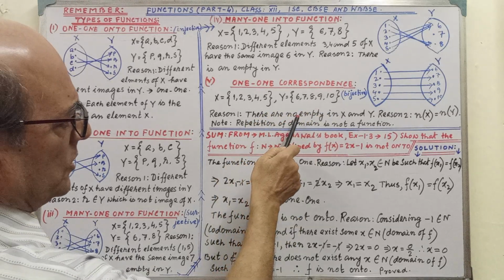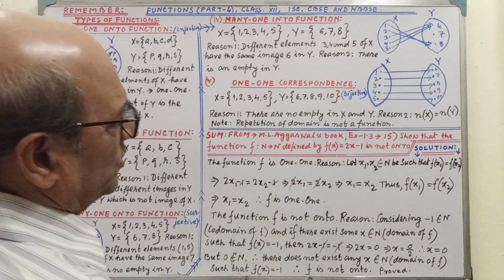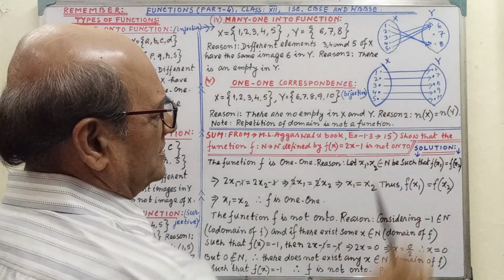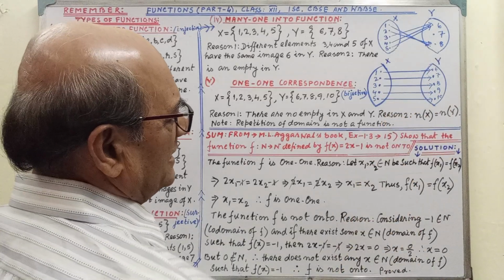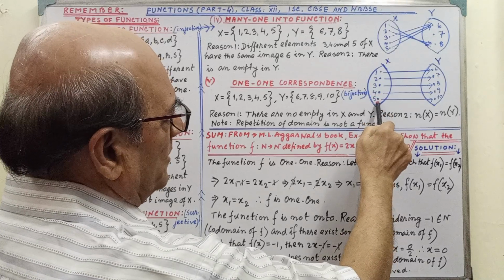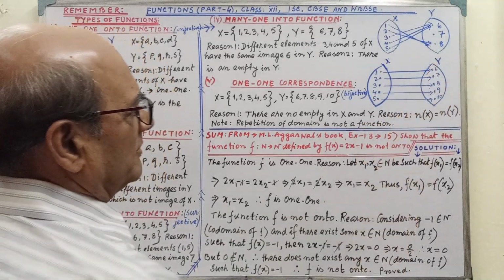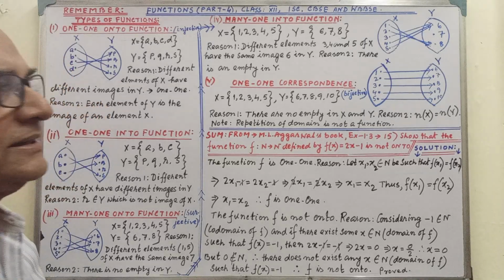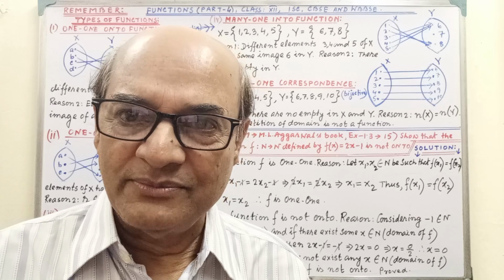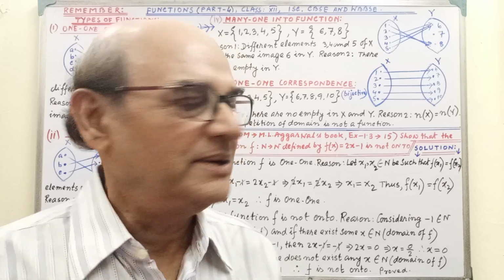Reason, there are no empty in X and Y. In X there is no empty, in Y there is no empty. Reason, the number of elements in X, that is the cardinal number of X, equals the cardinal number of Y. These are the types of function. The definition with diagram you have to remember.